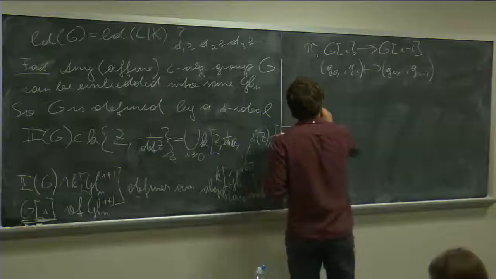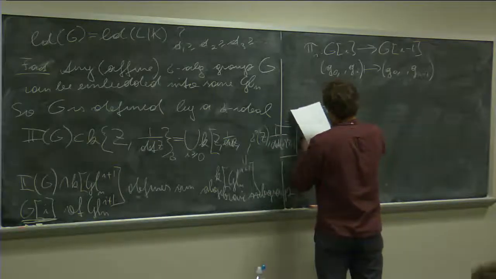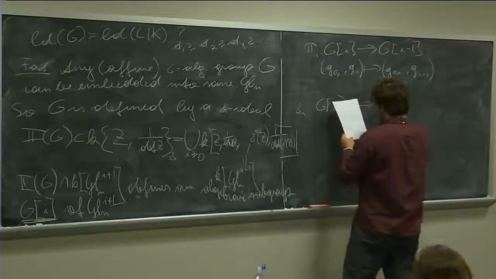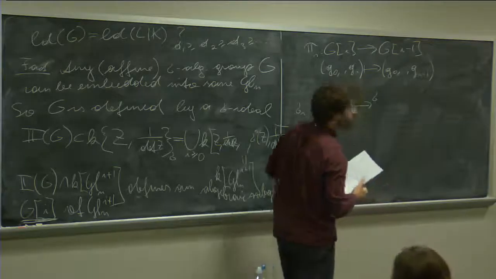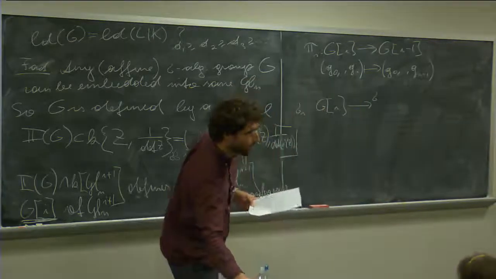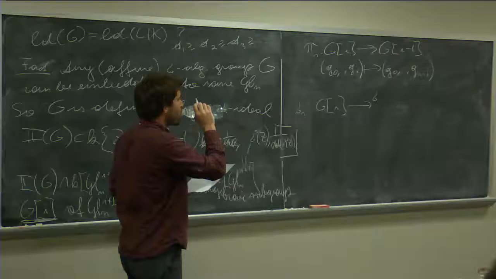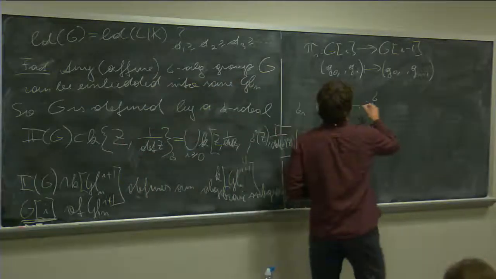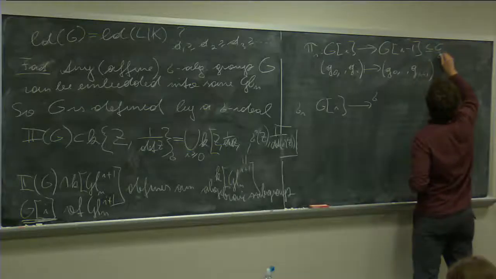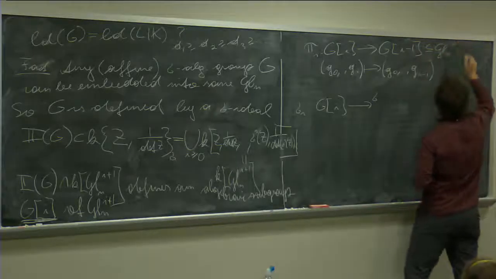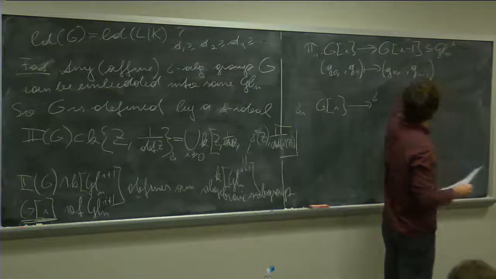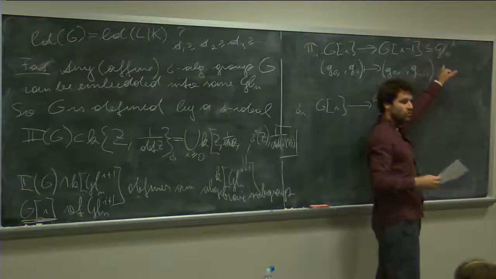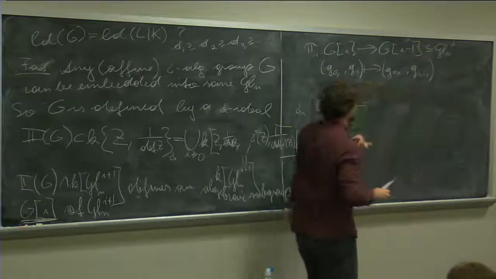And this one is a bit more interesting. The small g's are actually matrices with the determinant. So this is really a subgroup of GL_n to the power i. These are invertible matrices.